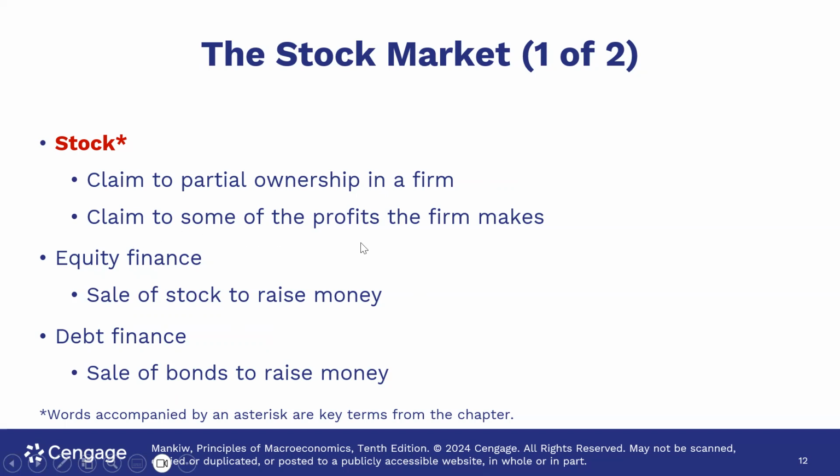It claims some of the profits the firm makes. It is a type of thing where I want to have partial ownership of you. It is a little bit difficult to understand at the beginning, so let's look at the partial ownership in a firm.